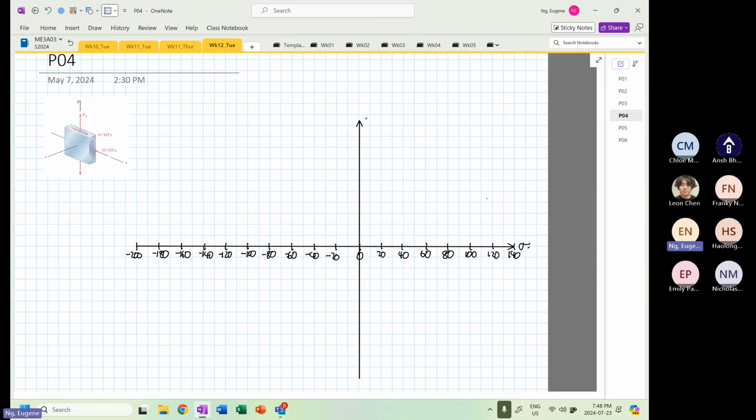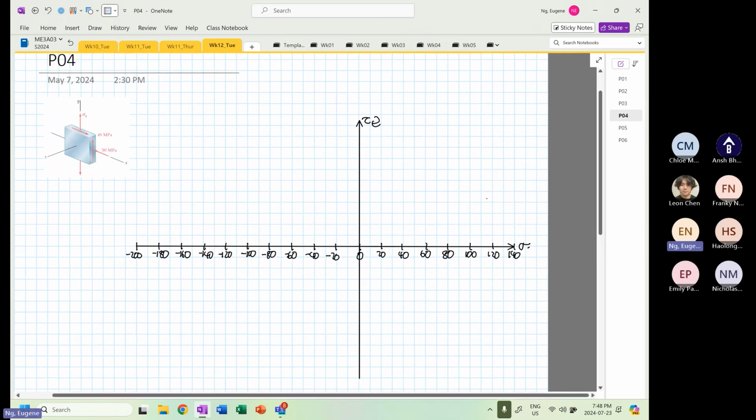So this is our shearing stress. This is clockwise. This is anti-clockwise. 20, 40, 60, 80, minus 20, minus 40, minus 60, minus 80.